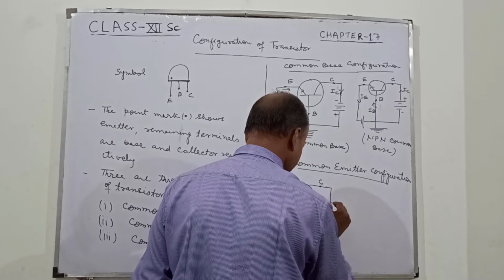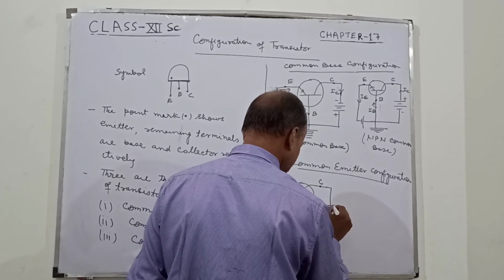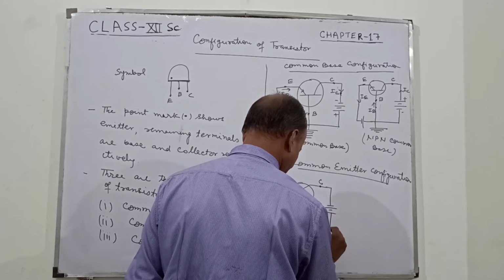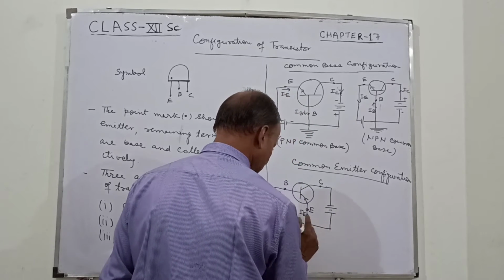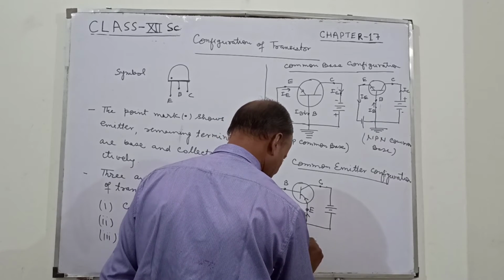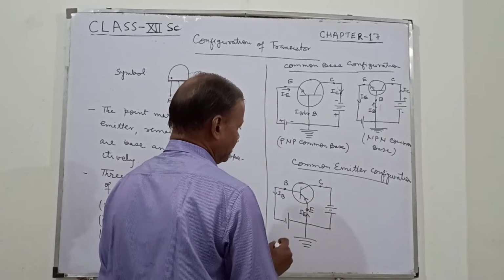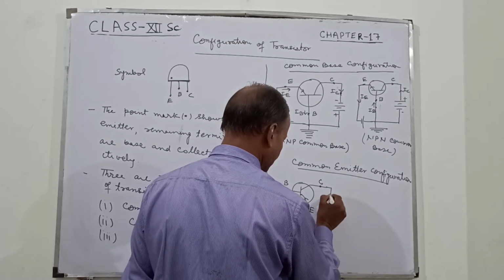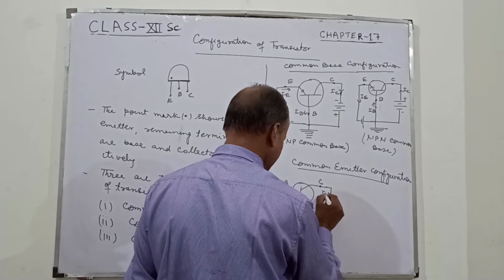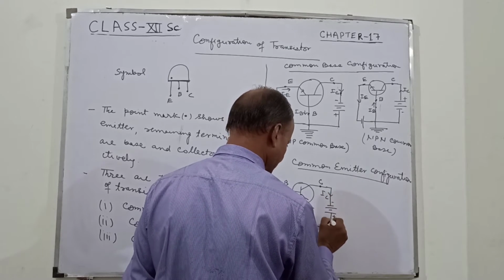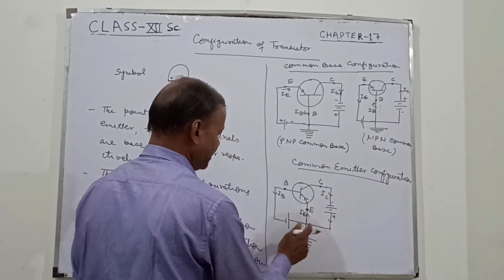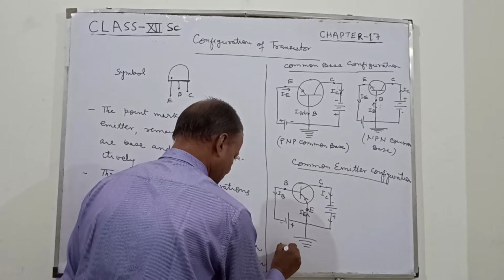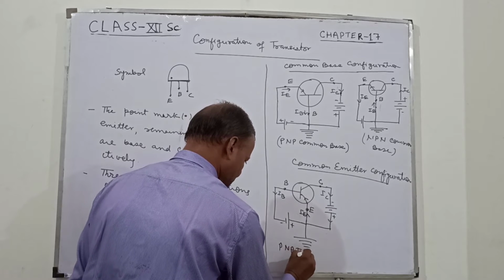Here we will have negative and positive like this, and this part is earthed. This is negative, this is now positive, so the current here is basically IC. This is PNP, PNP transistor.